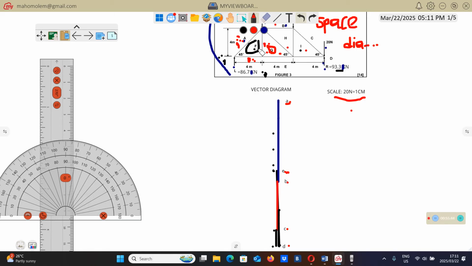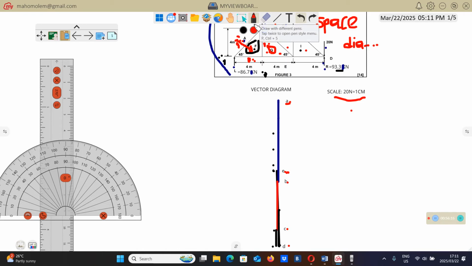Now, since you are looking for F, we're going to do this. We're going to look from A to F. Remember, I'm trying to find the location or the position of F here. So from A to F, or F and A, they are separated by a line which is inclined at an angle of 45.